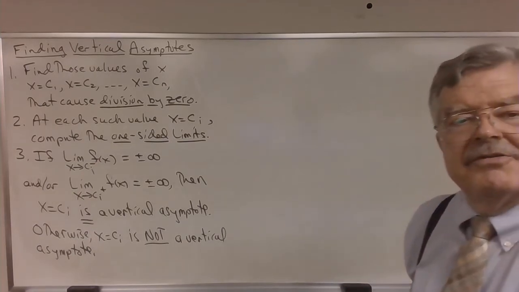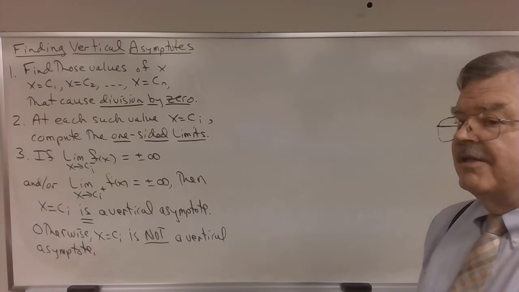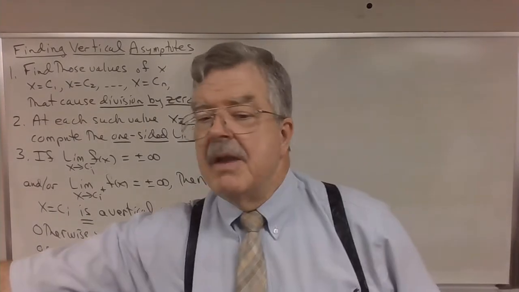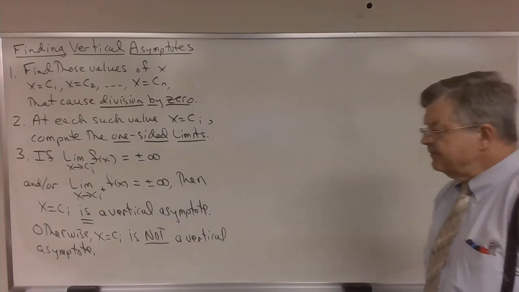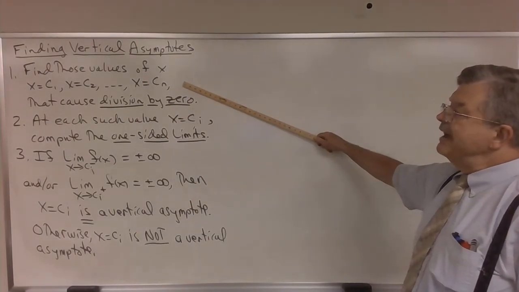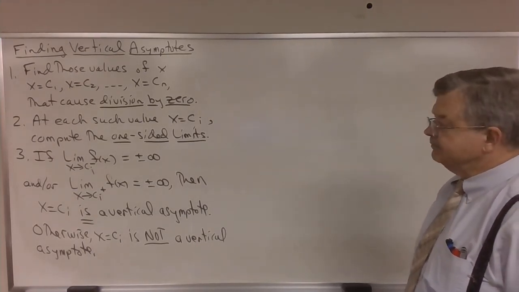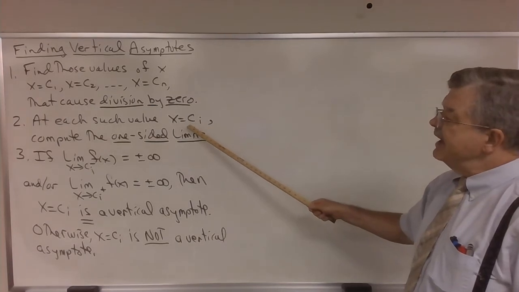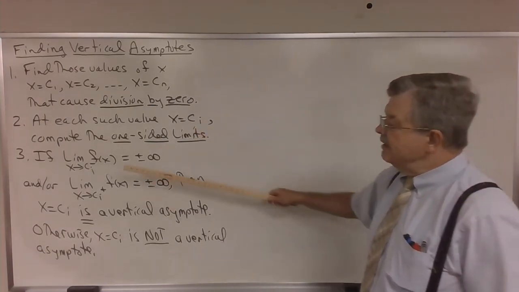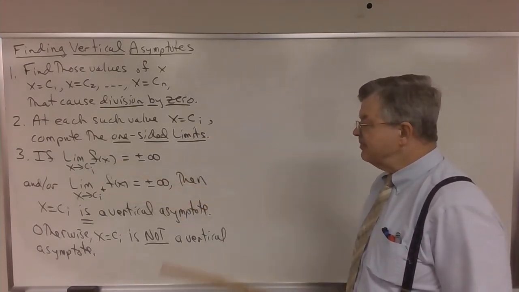That's all there is to know about vertical asymptotes. This is how we find them. And we'll go through the steps again. Find all the values of x that cause division by 0. At each value of x that causes division by 0, compute the left-sided limit, compute the right-sided limit.